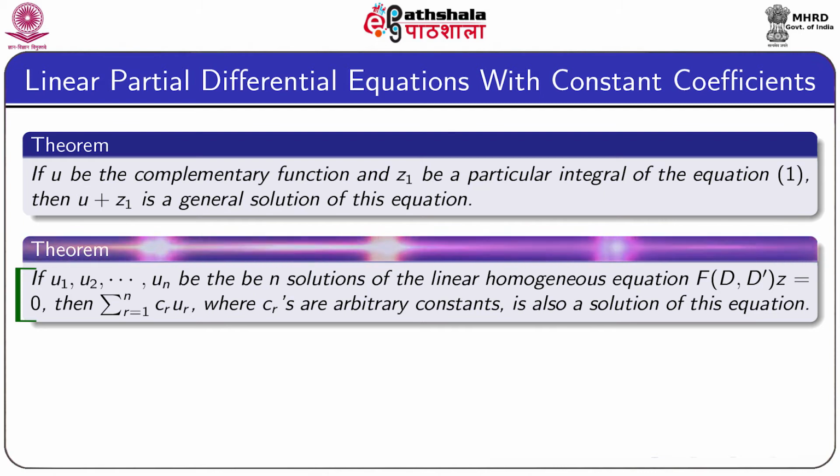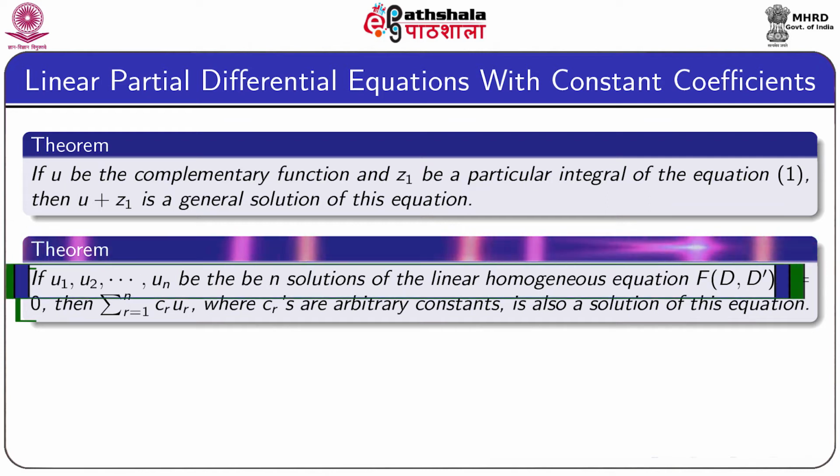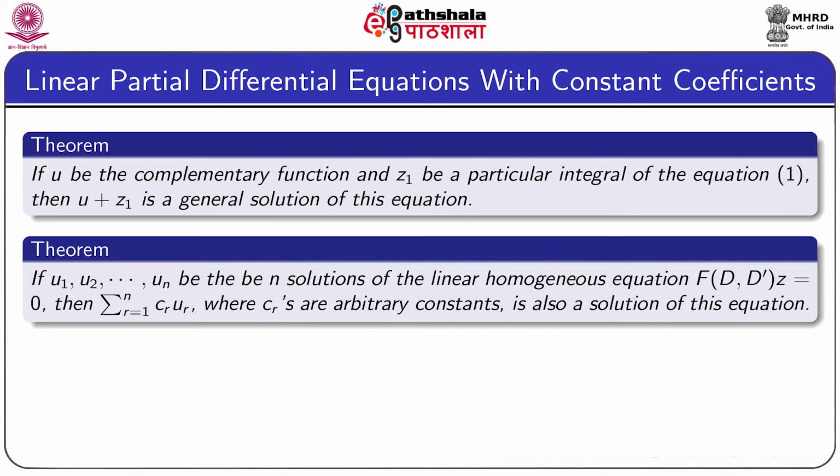There is another theorem I need to state here: if u1, u2, ..., un are n solutions of the linear homogeneous equation F(D, D') z equals 0, then a linear combination of these functions, that means the sum of c_r u_r, r equals 1 to n, where the c_r are constants, is also a solution of this equation, and this is called the superposition principle.